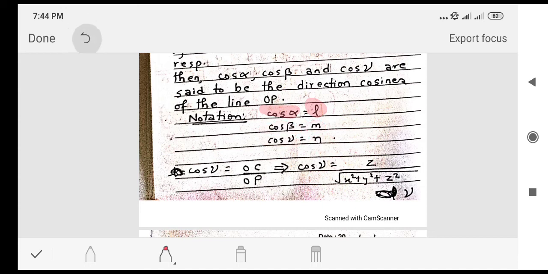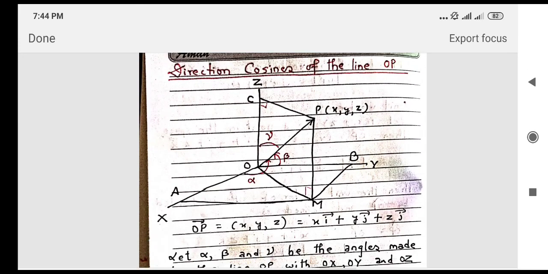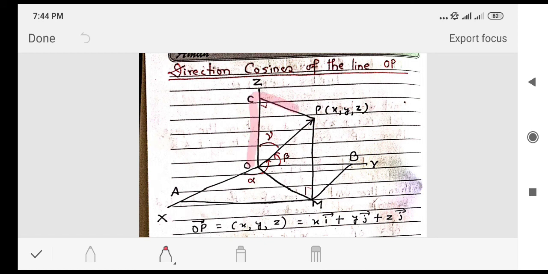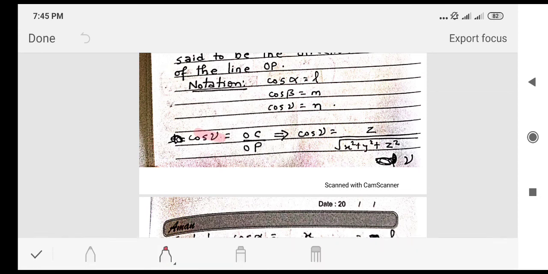If you see the figure over here, the right angle triangle OCP, then from here cos gamma will be equal to OC upon OP, that is base upon hypotenuse. So cos gamma is equal to OC, meaning z, upon OP, meaning square root of x square plus y square plus z square.